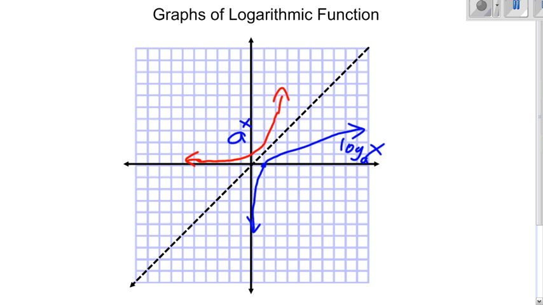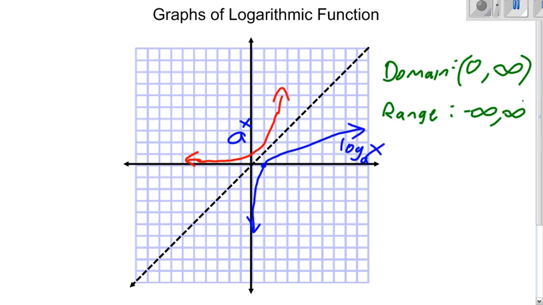So we can write the domain as 0 to infinity, not including 0. The range could be anything. It goes down to negative infinity, and keeps going up to positive infinity.